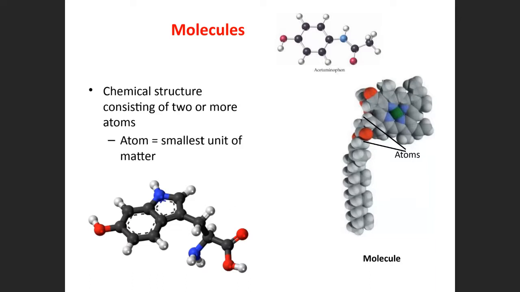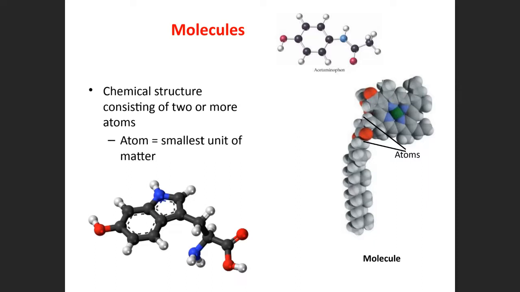But if we think about molecules, it's simply at least two atoms coming together to form a molecule. And some of the molecules that we're going to be talking about are going to be very, very complicated, right? And so you can see that there are some different molecules here.